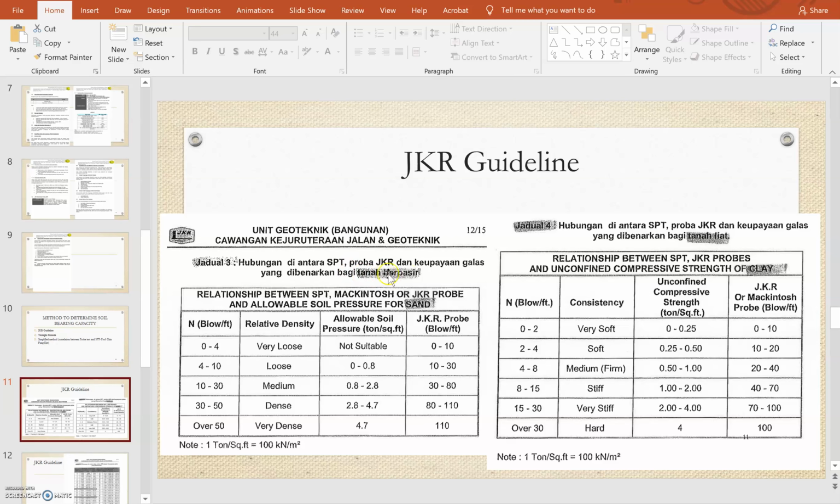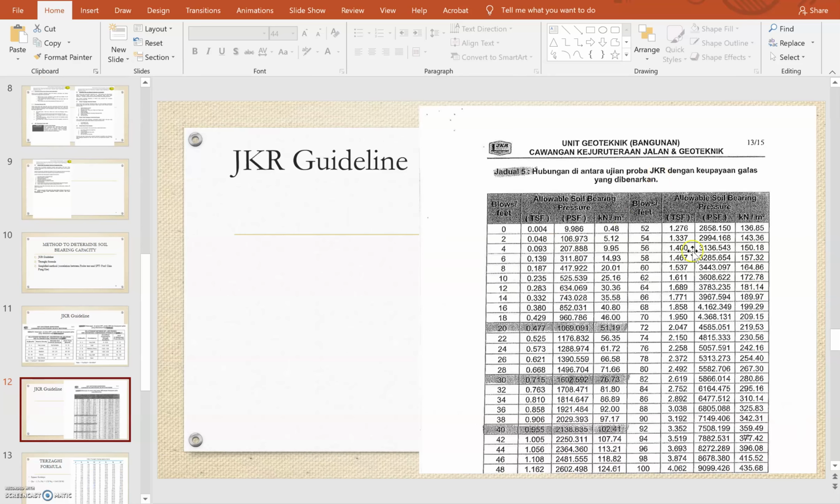This one is for tanah berpasir, and this one for tanah liat, sandy and clay. For example, if your SI report explains in more detail the type of soil, by that you can separately determine whether it is sandy or clay. I give here this graph, which is quite detailed by number of blows.